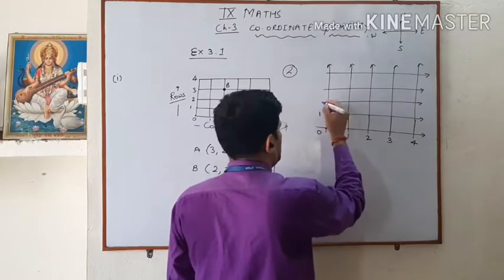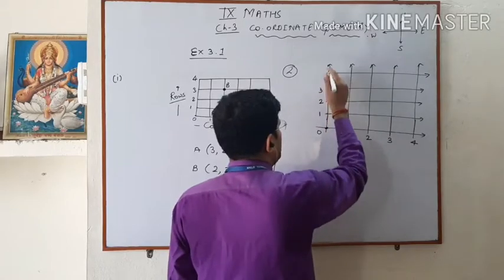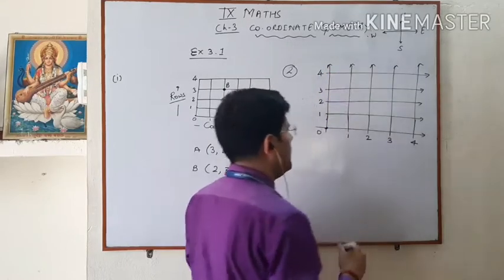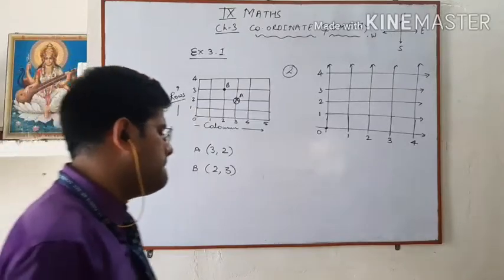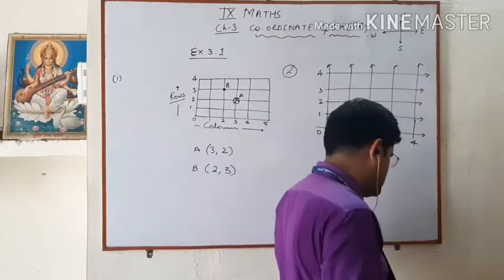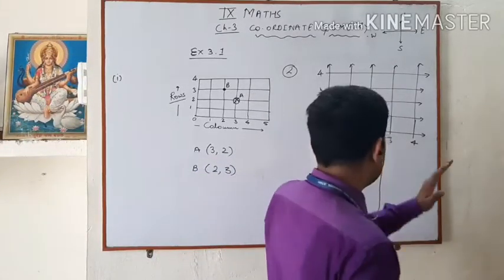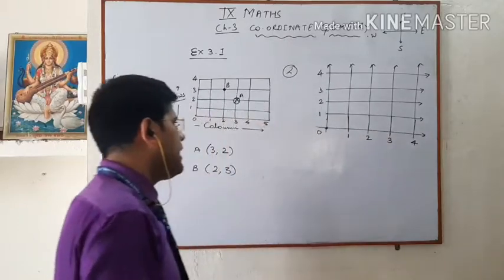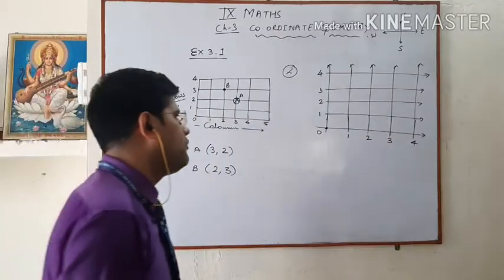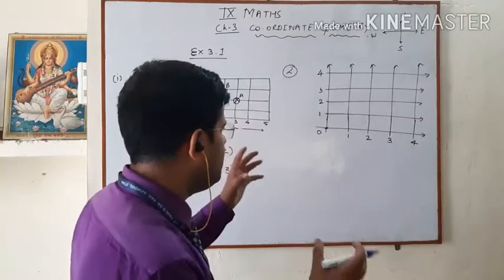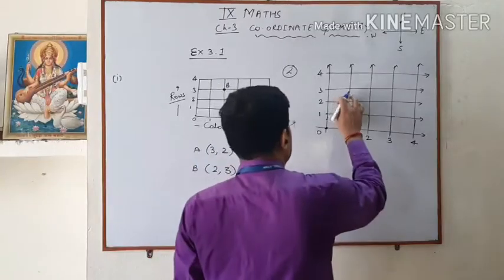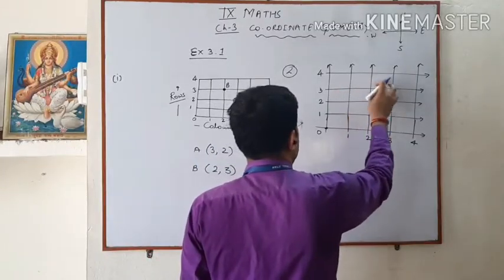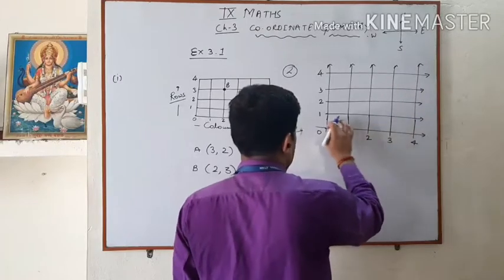Here also 1, 2, 3 and 4. It means I am going to place 4 streets in horizontal manner and 4 streets in vertical manner. Now every street crosses the others perpendicularly.